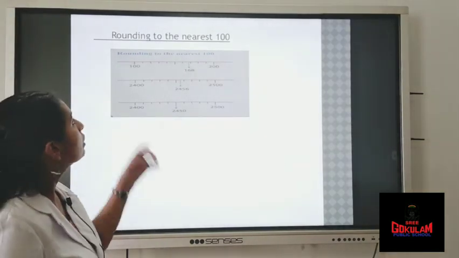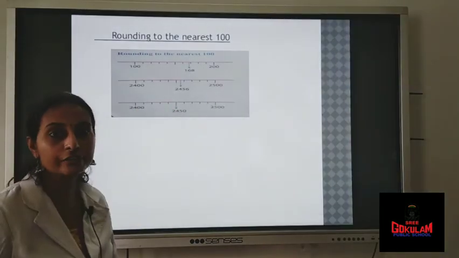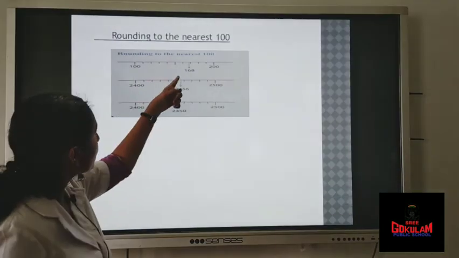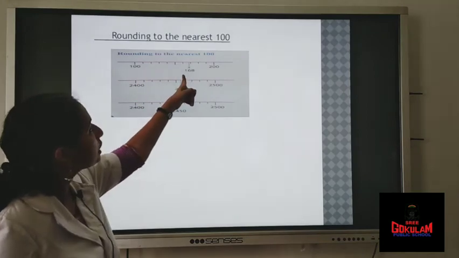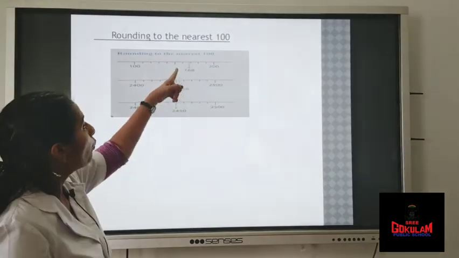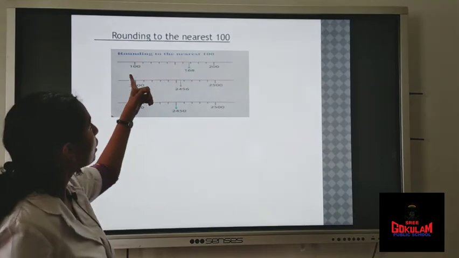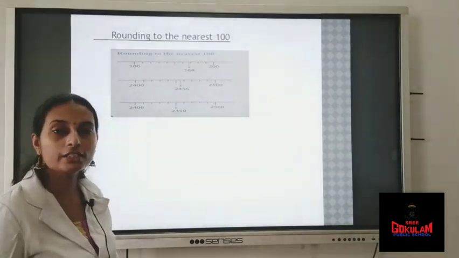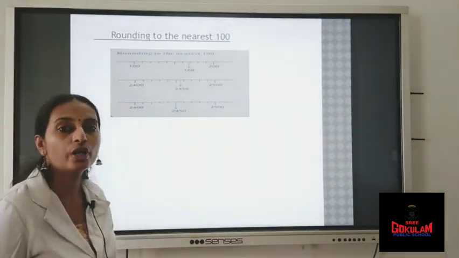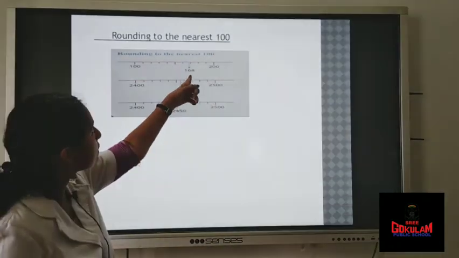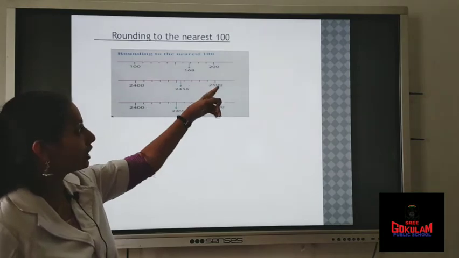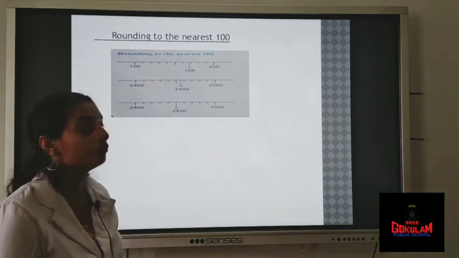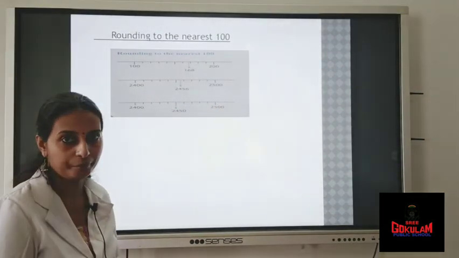Next one is rounding to the nearest 100. Here we have a number line. We have the number 168. 168 is in between 100 and 200, but it is closer to 200. So 168 rounds to 200.